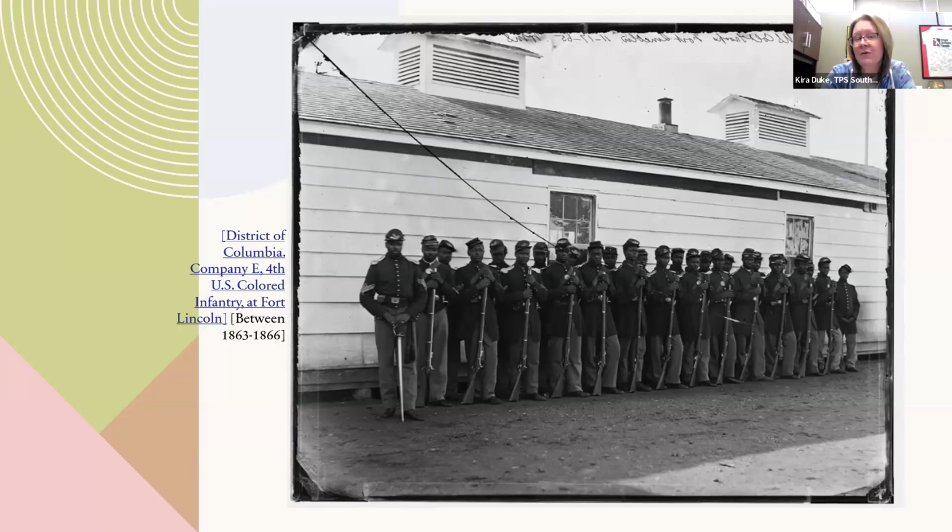Well, my first question is who are these people? My question is, where are they? When was this picture taken? What are they holding? Are they all in the same unit? Are they all wearing the same uniform? Where are the men originally from? Who took this picture?